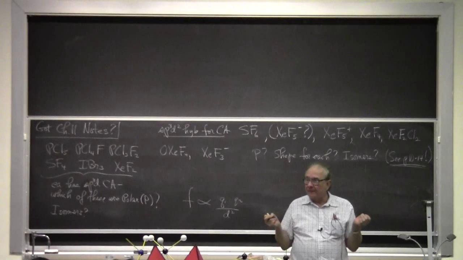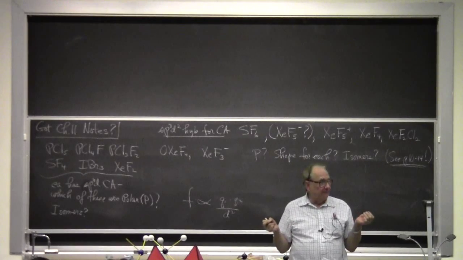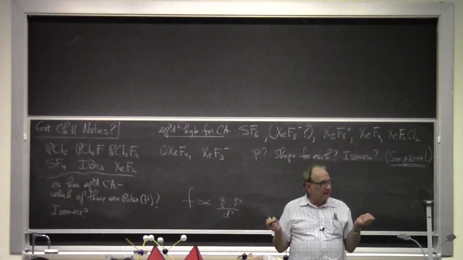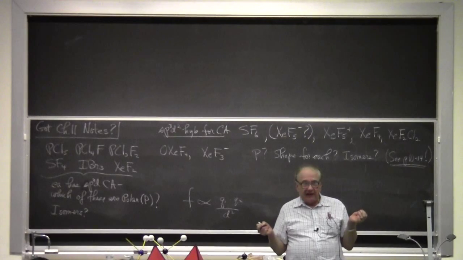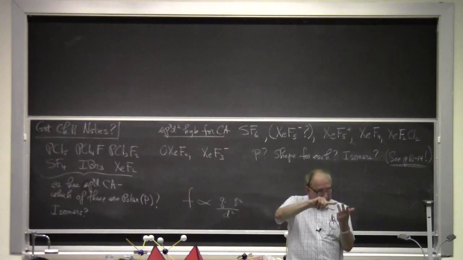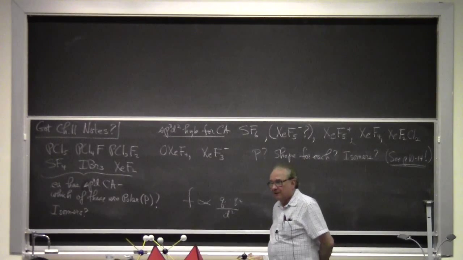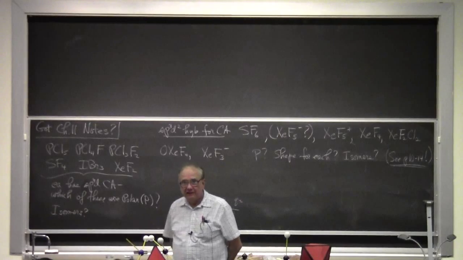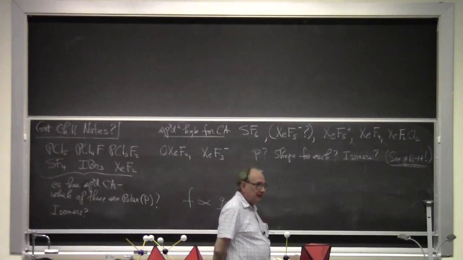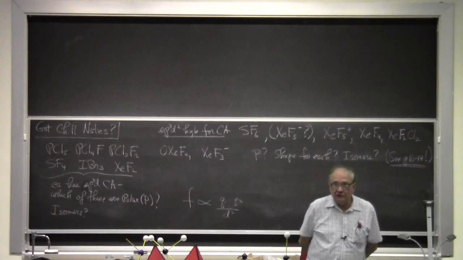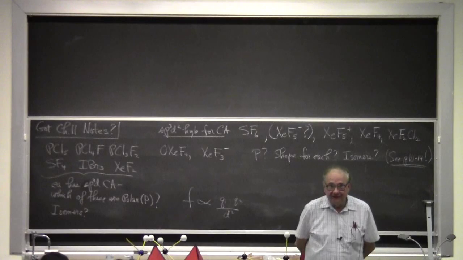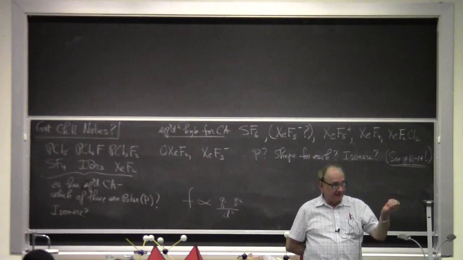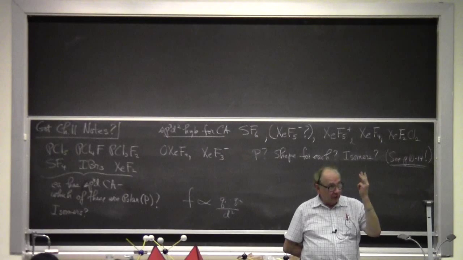The question is, by playing this game, how many different hybrids can I create from an atom that has valence s, p, and d valence orbitals? How many valence orbitals are we talking about? 9? S, single orbital sublevel. P, 3 orbital sublevel.